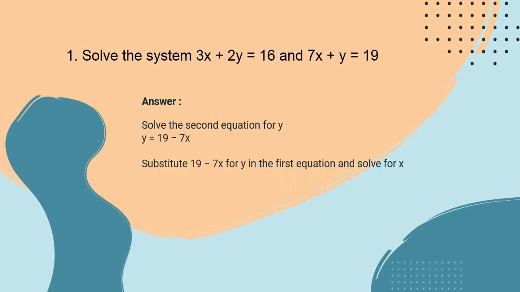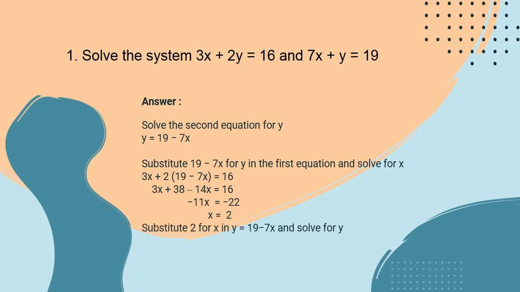Second, substitute 19 minus 7x for y in the first equation and solve for x. So 3x plus 2 times 19 minus 7x in the bracket equals 16. 3x plus 38 minus 14x equals 16. Minus 11x equals minus 22. X equals 2.